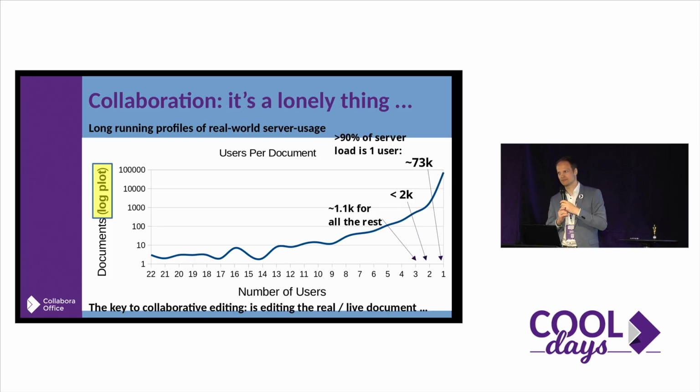It's great to have, but for many, many editing sessions, it's just one user, right? We have a bit of demo servers and test input we're getting, so we did a little bit of statistics there, and quite a lot more than 90% of the use cases is just one user. Of course, the absolute overwhelming use case is 0 users, but we don't need to do anything for that. But for one user, it makes sense to optimize for that use case, right?